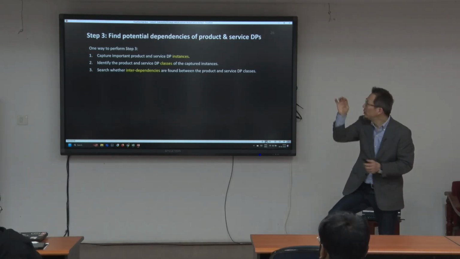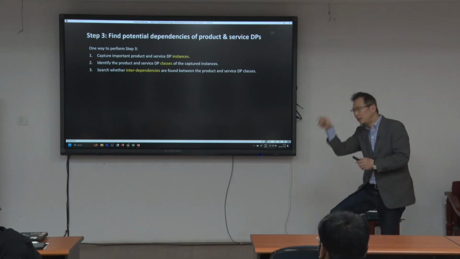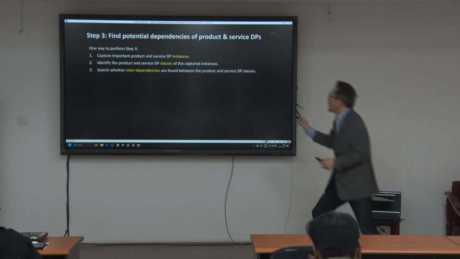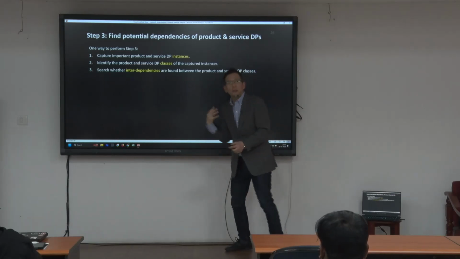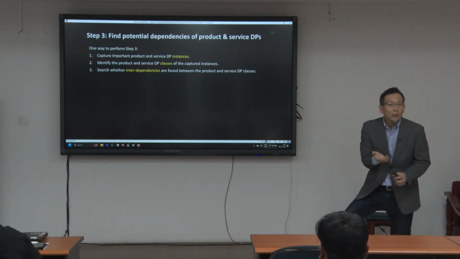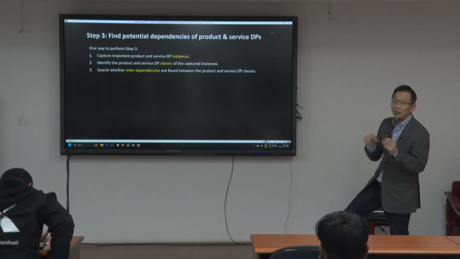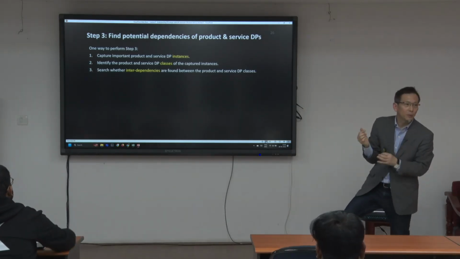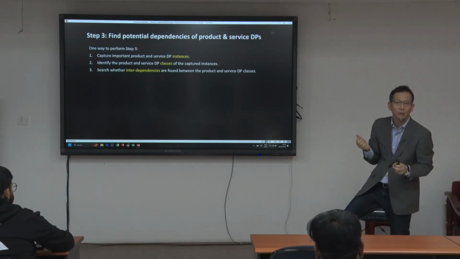You type in your instance, and then in the next column you choose class parameter. Okay, and then the knowledge base will automatically tell you whether or not there is interdependency between a specific combination, or no combination, no interdependency. Okay.